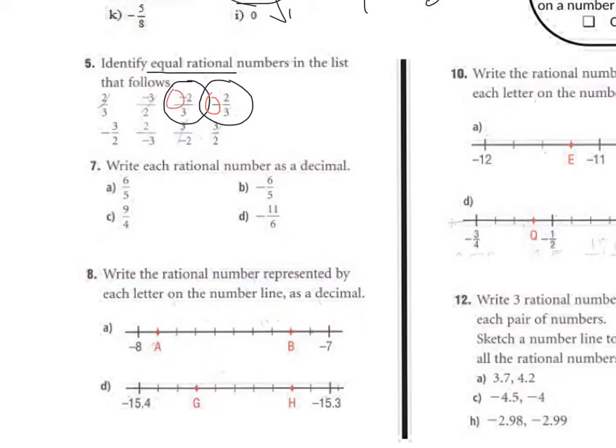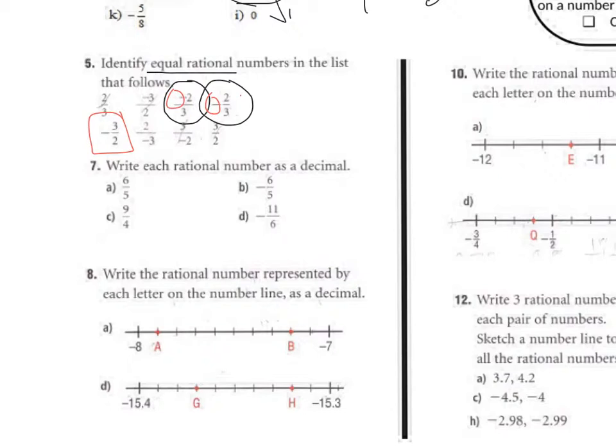Value-wise, if I converted those to a decimal, I'd get negative 0.67, and then this one would be negative 0.67 as well. So they're the exact same answer. Now there's a couple more that are the same, and your job is to go through and find which ones they are. So also here, remember these ones are different, so find the ones that are equal to that as well.